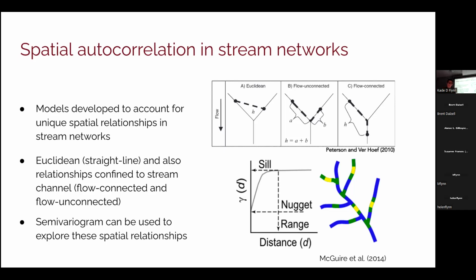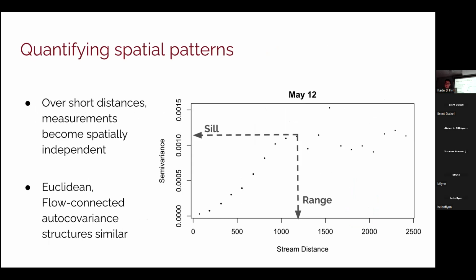If we look at May 12th, that same data set where we did this qualitative comparison between landscape attributes and in-stream measurements, we see this value of the range where measurements become spatially independent is reached at relatively short distances within the stream. And so this is an indication that with this sort of sampling strategy, we really are gaining unique information.